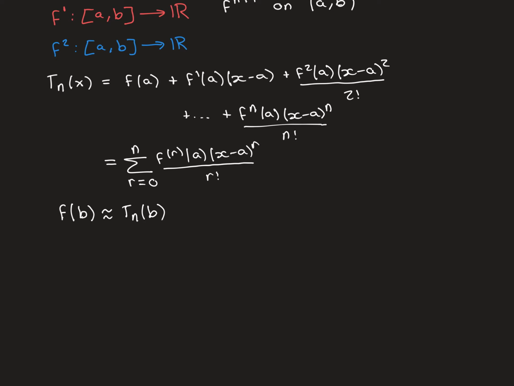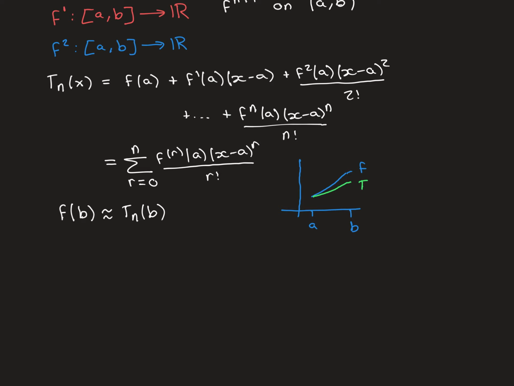Now, if we just draw a picture to illustrate this, so we have our axes, here is our interval a b, and here might be our actual function, f, and then I'll draw in green, this might be the Taylor polynomial, T. And of course, the value of the Taylor polynomial will agree with the value of the function at a itself, because if you plug a in for x here, all of these bits vanish because you've got a minus a, a minus a, a minus a.